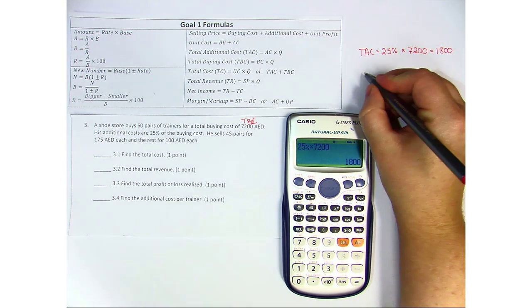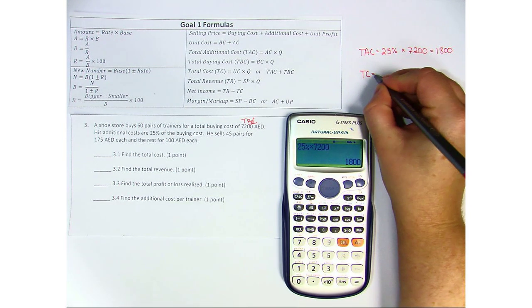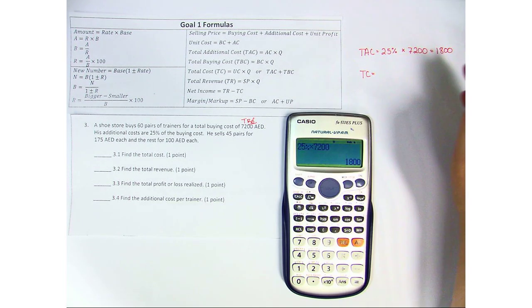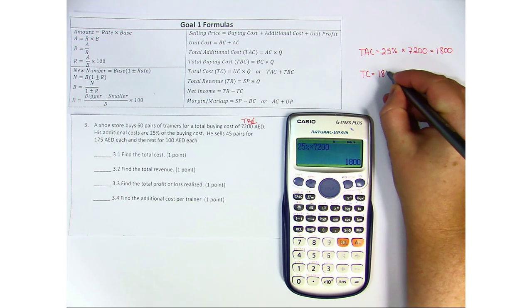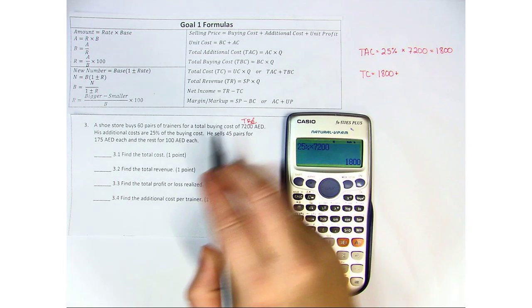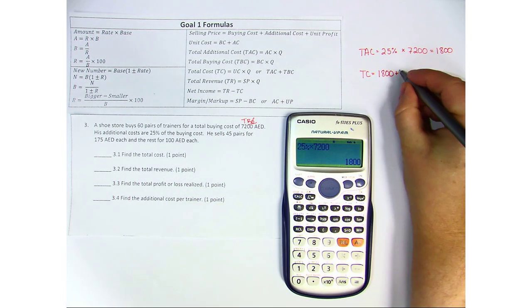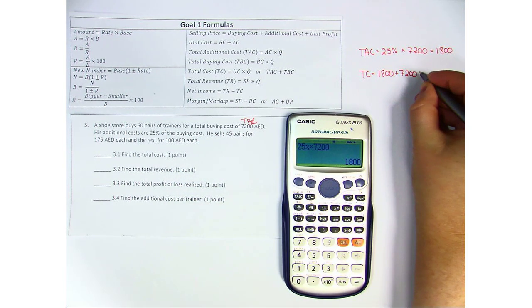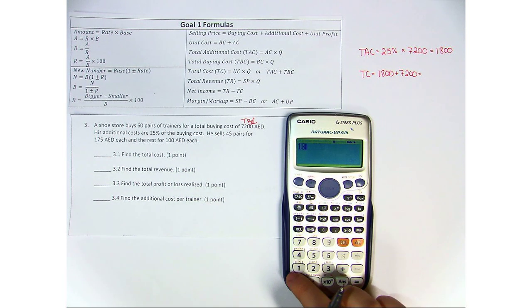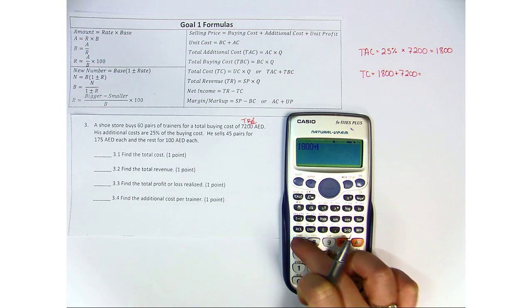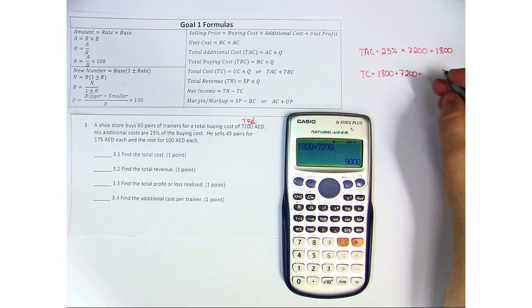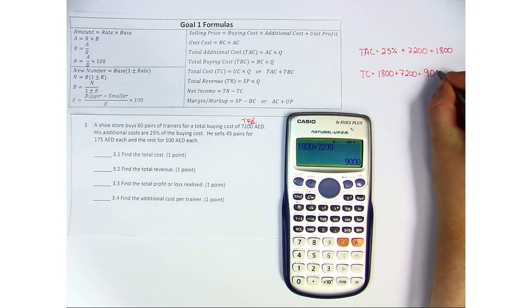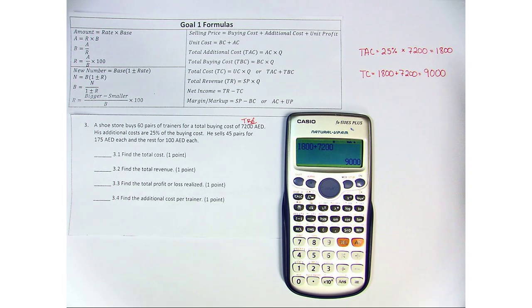So if we're looking for the total cost, we're going to do the total additional cost, which we just found, 1,800, and add our total buying cost of 7,200. So 1,800 plus 7,200 gives us a total cost of 9,000 dirhams.